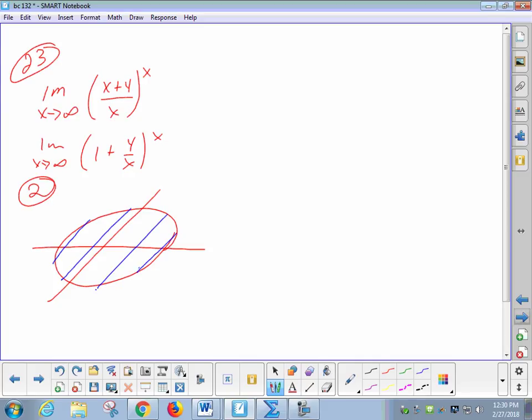Is isosceles right, hypotenuse in the base. So that means the right angle's up here. Right? Do you agree with the picture? And so one picture might look like this. Right angle. It's isosceles right, which means these are 45 degrees.